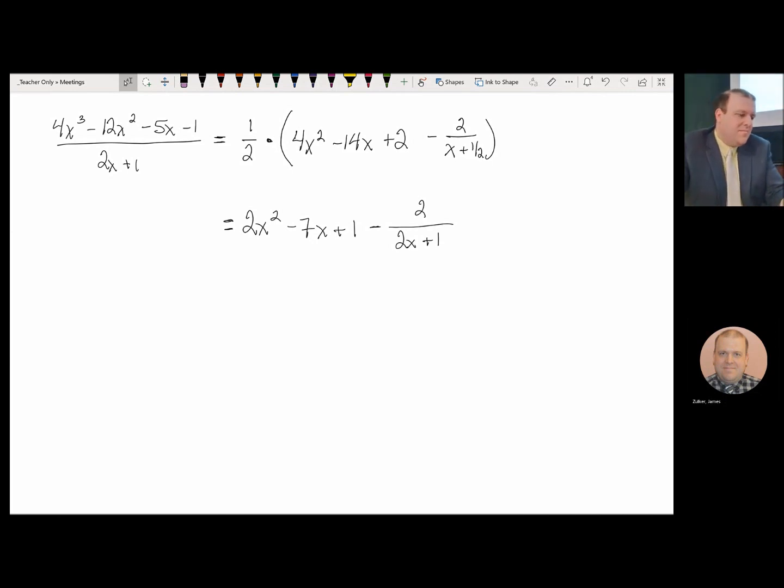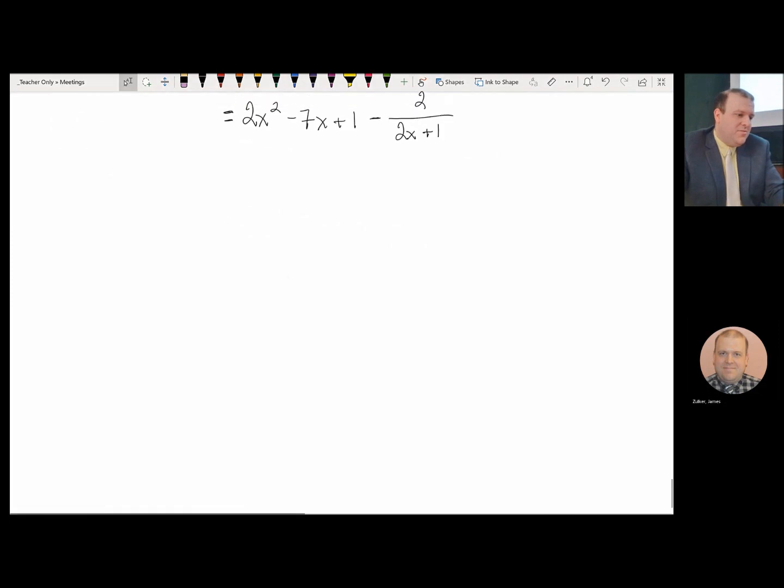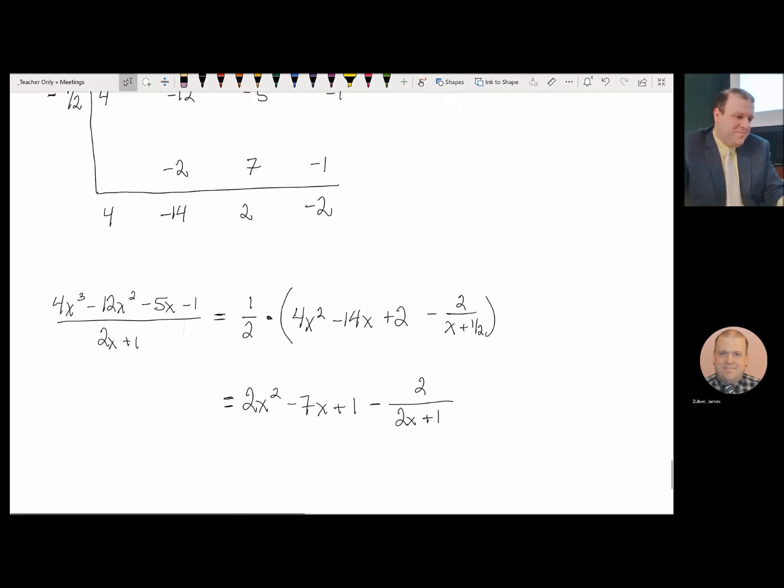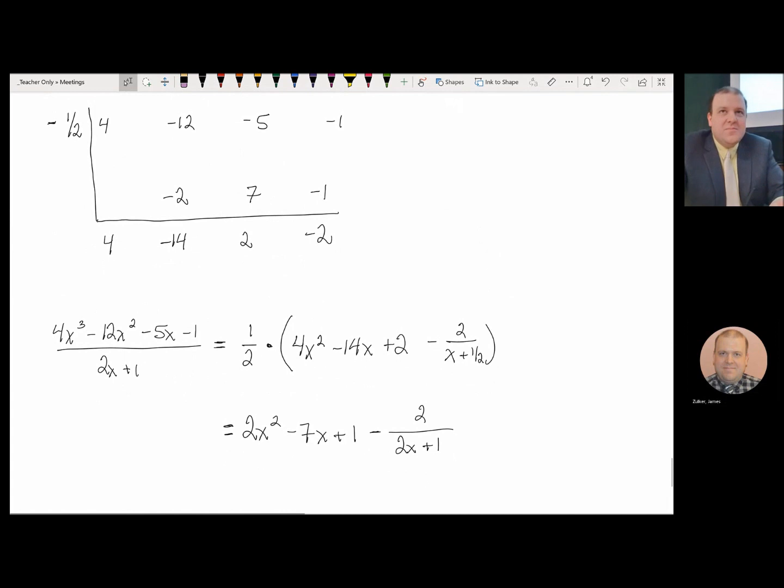Just scroll down a little bit, yeah. Down. Down. No, up. I understand if it's 2x plus 1, you've got to factor out 2. So it would be like 2 times the quantity x plus 1/2.